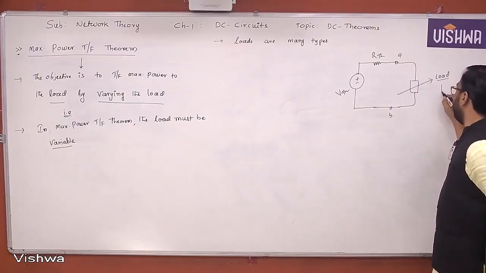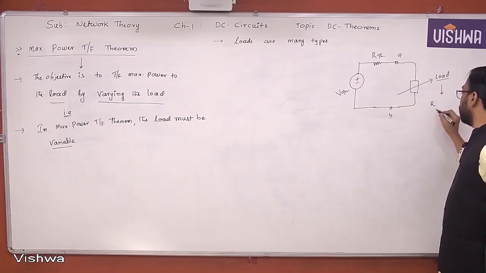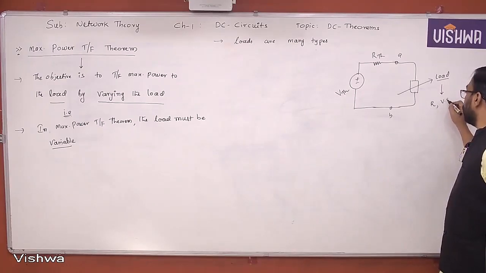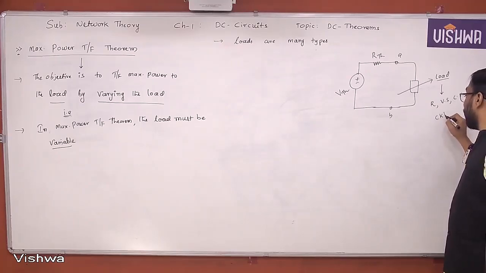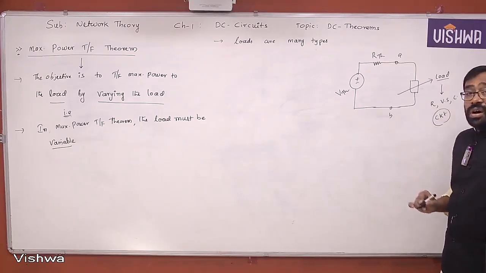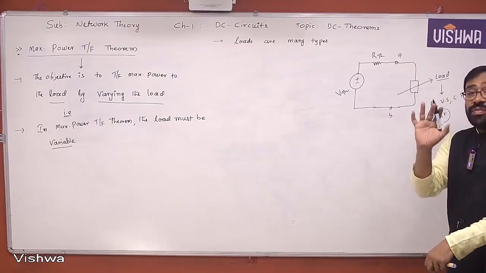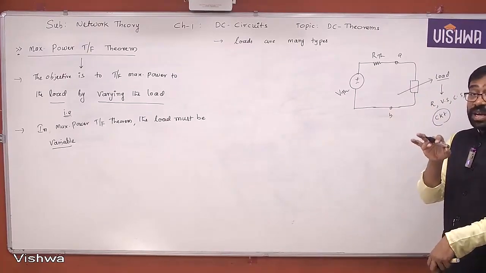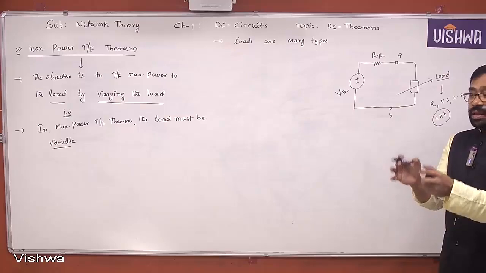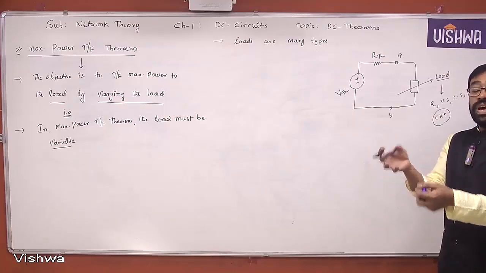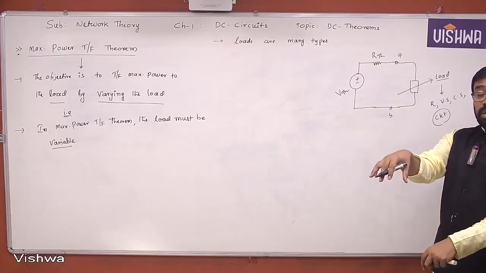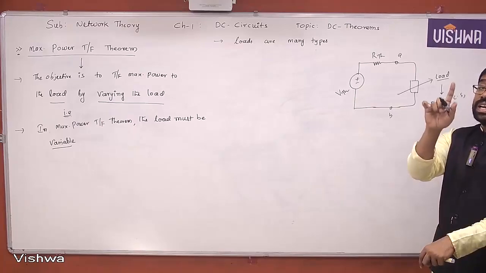What is the load? How many types are there? It might be a resistor, a voltage source, a current source, or any other circuit or network which consists of a variable. Definitely there should be a variable. The load is a network with a group of elements, and at least one element must be variable.